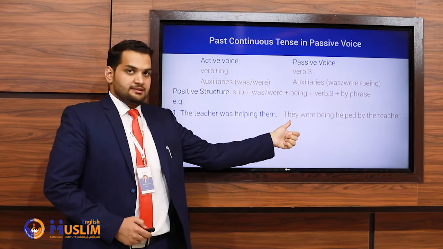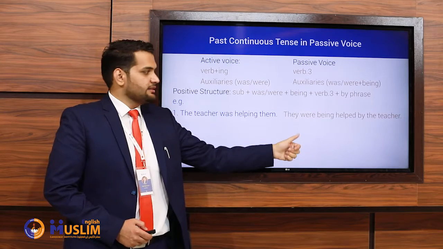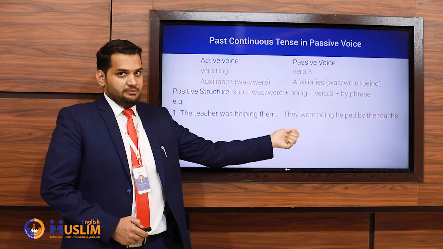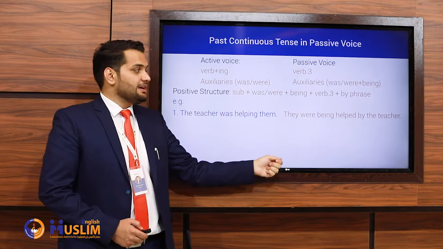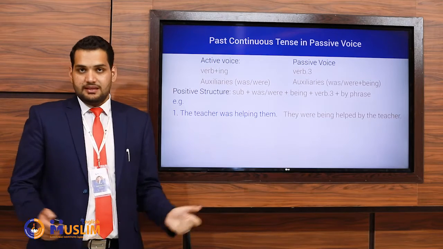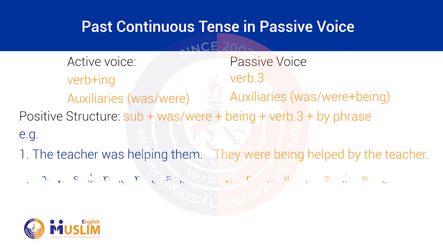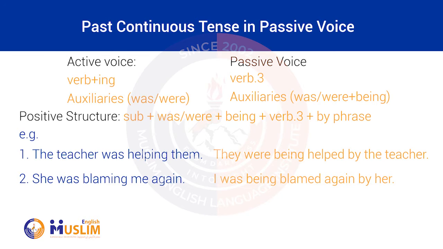Here, they is the subject, the new subject. Were being is the helping verb, helped is the third form of the verb, and by the teacher is the by phrase. Number 2, she was blaming me again. I was being blamed again by her.